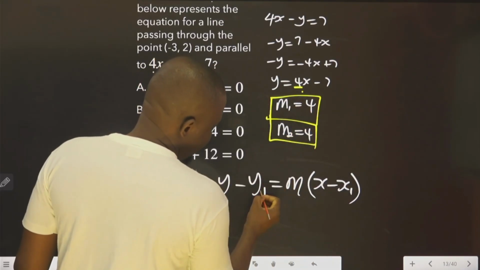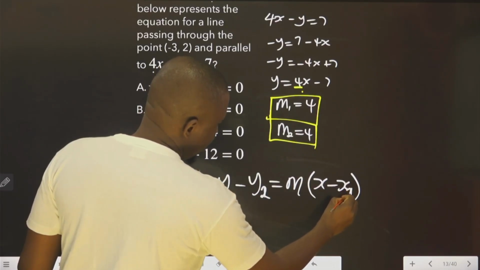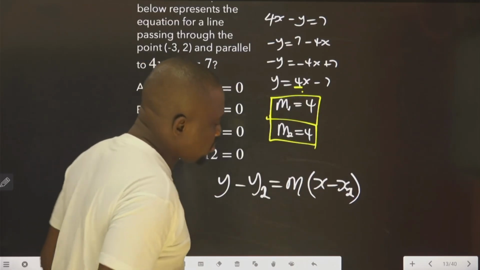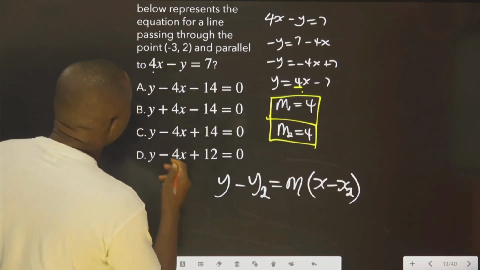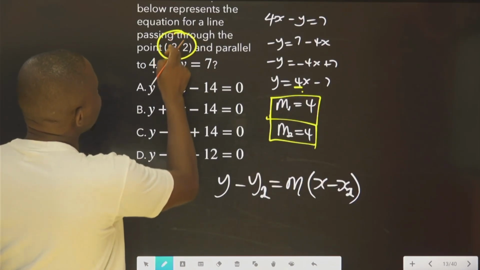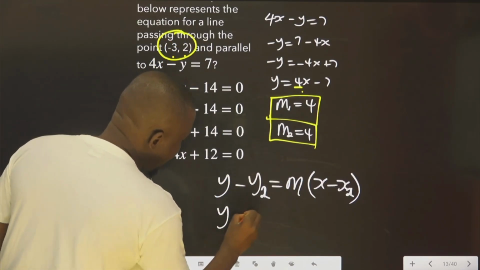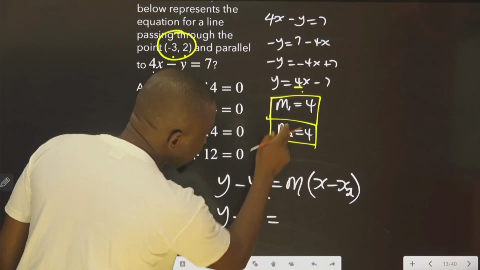Okay? That's okay. Let me put 2 here because I've dedicated this one already to the known. That is 1 to the known. The unknown is 2. Therefore, this is the point that is x and y. So this is y minus 2. The m is already 4.